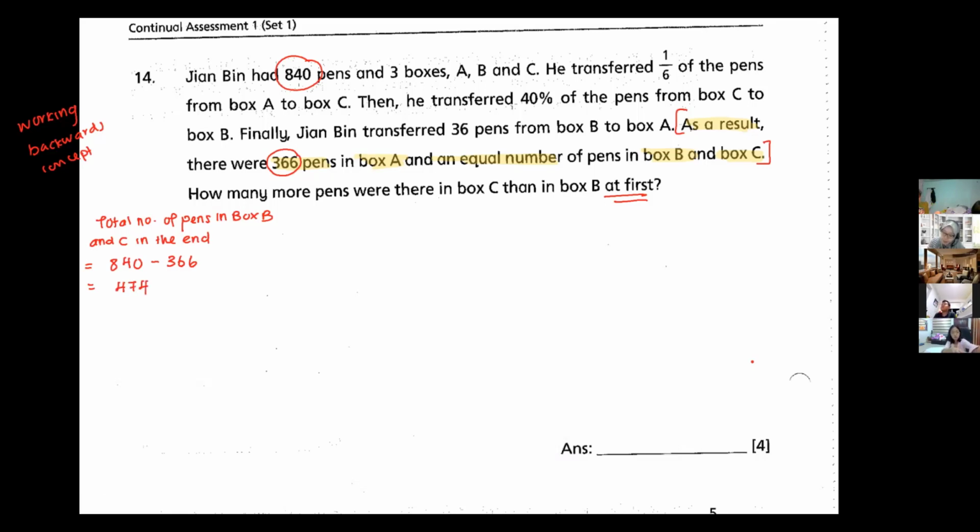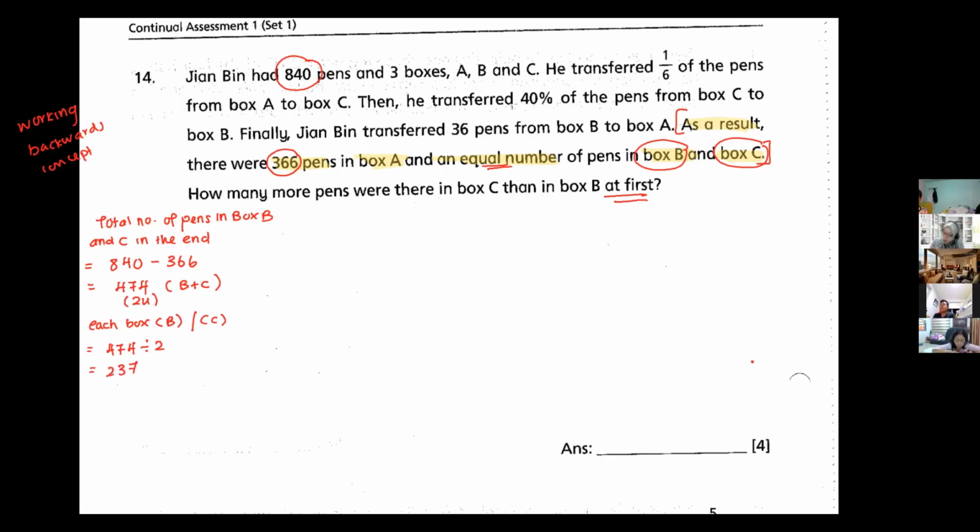And this is what we have in B plus C. You know that from the sentence highlighted in yellow: we have an equal number of pens in box B and box C. They are equal, which means this 474 is 2 units. So to find each box, your box B or box C, I take 474 divided by 2 and I will get 237.